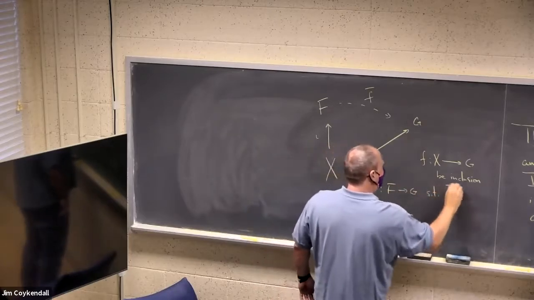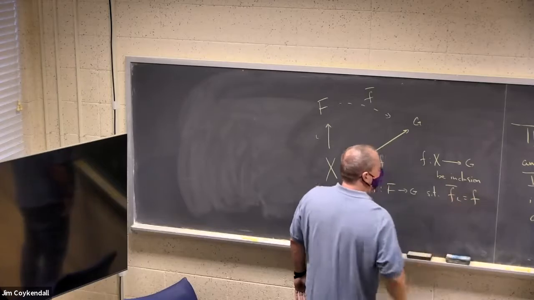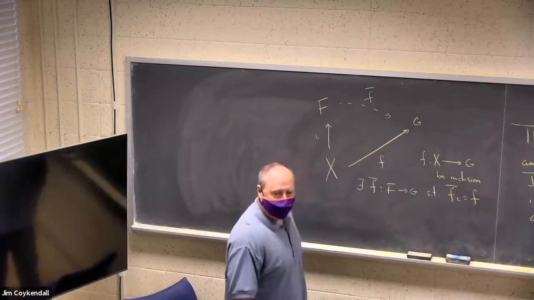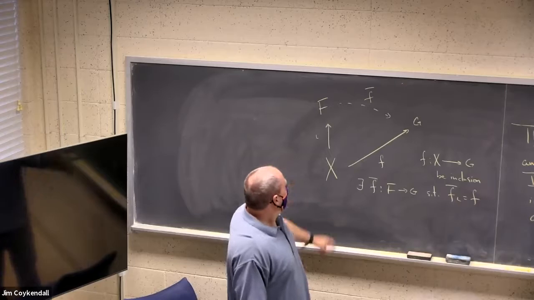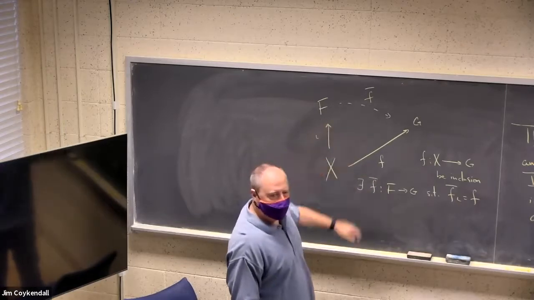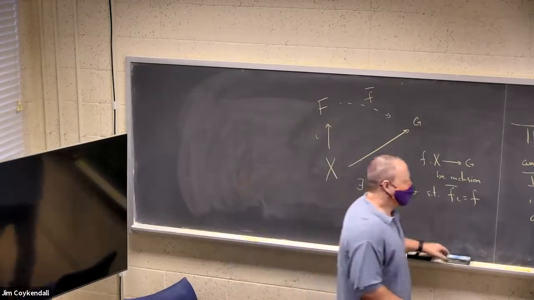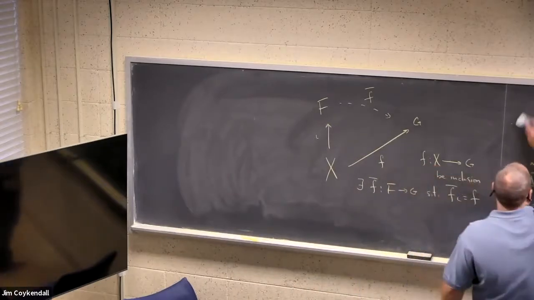There's your homomorphism F bar from F to G. All you've got to do now is convince yourself that this is onto.